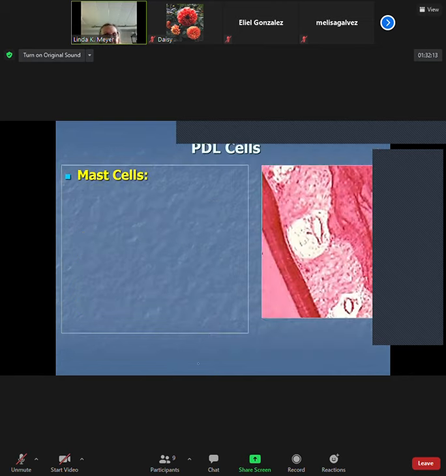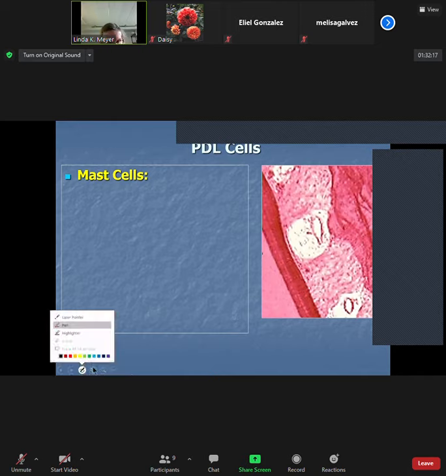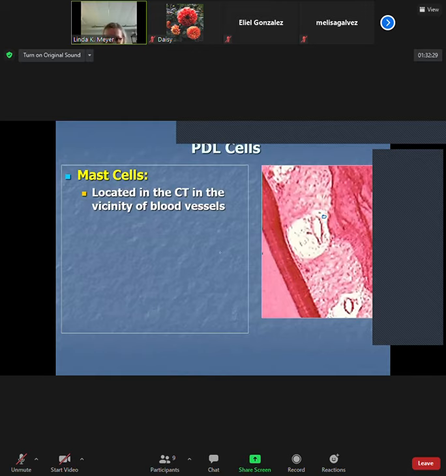Okay, mast cells. Just going to draw one in. Remember, they're normally in connective tissue. They live near or in the vicinity of blood vessels. In health, they have an unclear role in the maintenance of health.